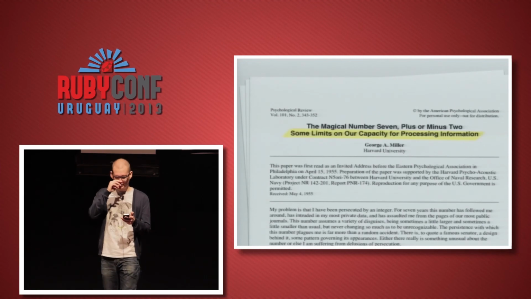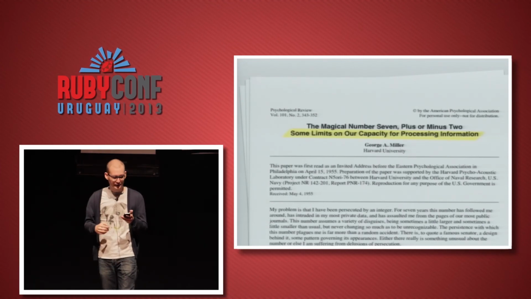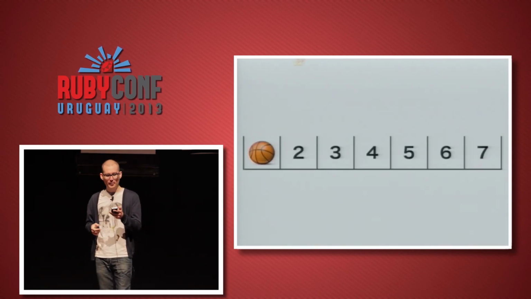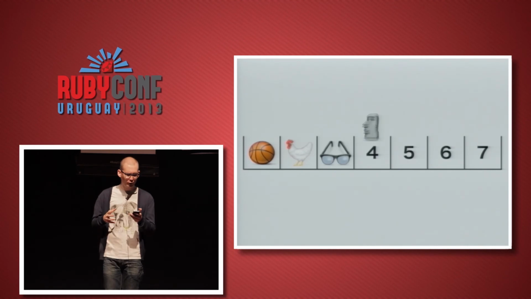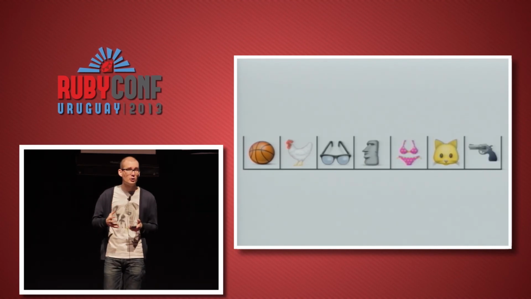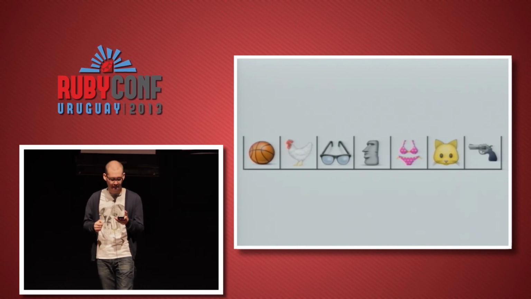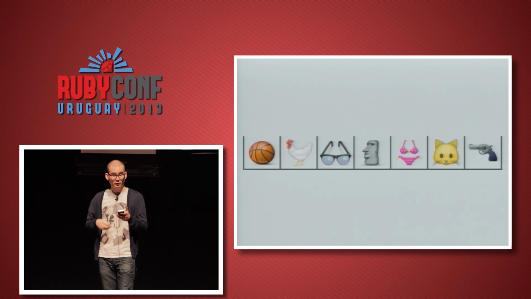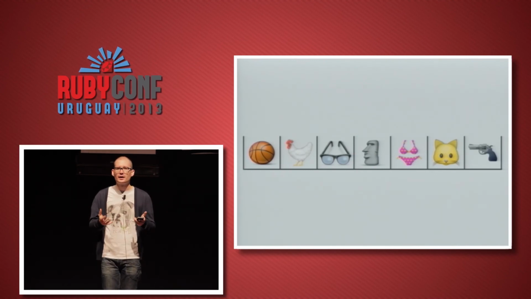Cognitive psychology studies, among many other things, the limits of our capacity to process information. And it turns out that we are unable to hold more than 7 chunks of information in our working memory at the same time. Apparently, the exact number depends, of course, on the person and on the complexity of the data we are dealing with.